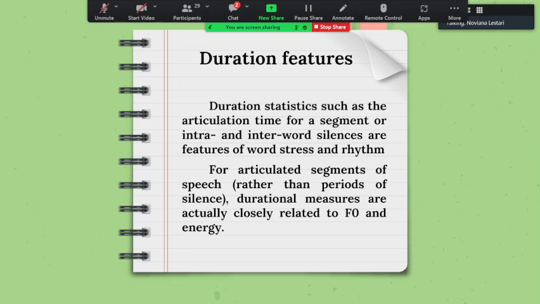Duration statistics such as the articulation times for a segment or intra and inter word silence are features of word stress and rhythm. For articulated segments of speech, durational measures are actually closely related to F0 and energy. Yes, next slide.